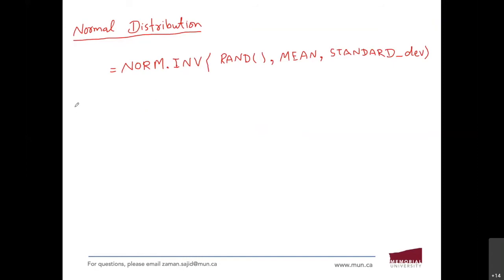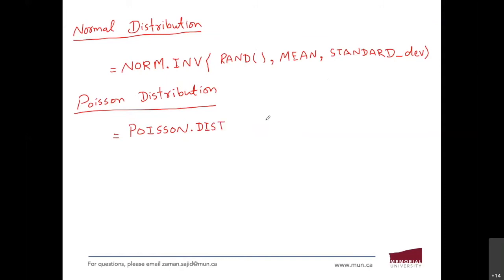Now, in case your variable is following the Poisson distribution, we have POISSON.DIST of random number.